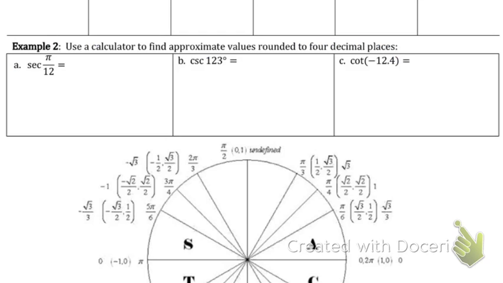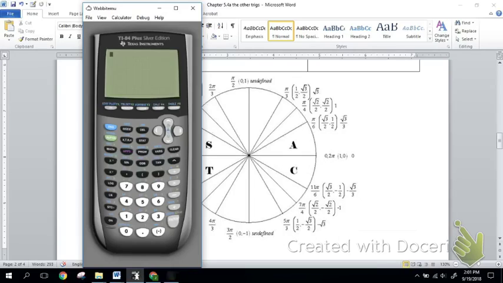So let's just all locate our secant button. It just says SEC, yeah. No, that's sine inverse. Where is it? There isn't one. It's not on there. It's a trick.